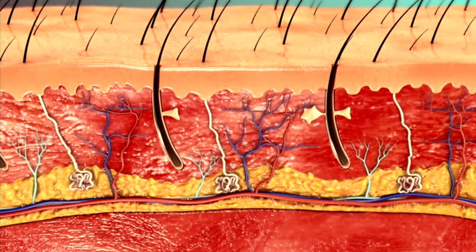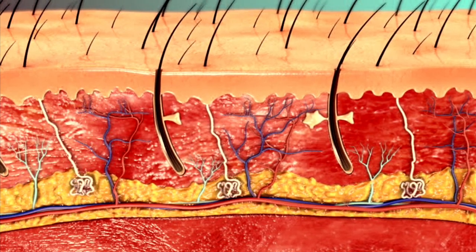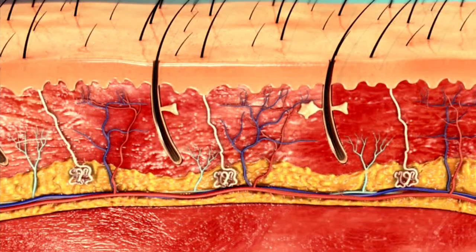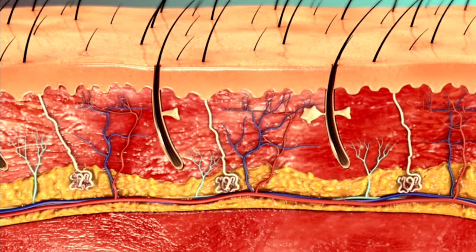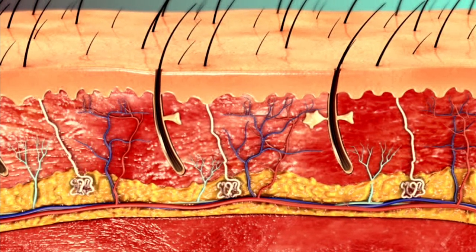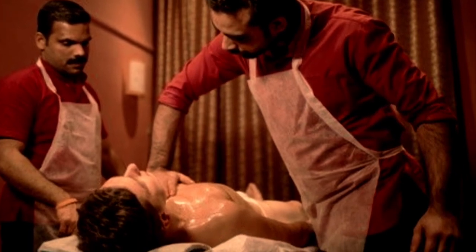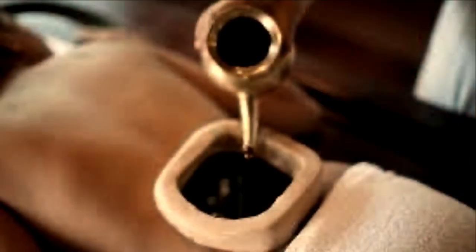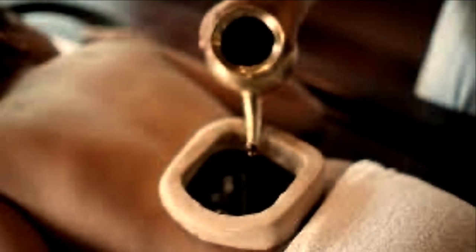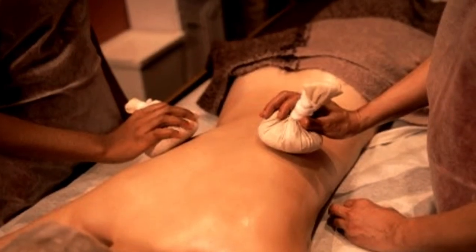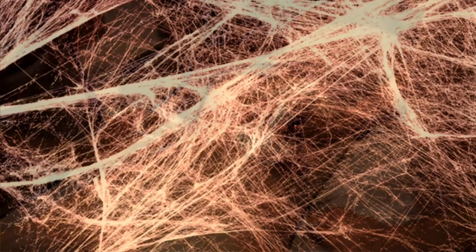Thus, the active ingredients of the oil can enter the microcirculation under the skin and reduce the process of inflammation, which is the cause for edema, pain and muscle spasm. There are different kinds of massaging procedures in Ayurveda, based on factors like the type and quantity of oil used, and also the type and time of heat applied.